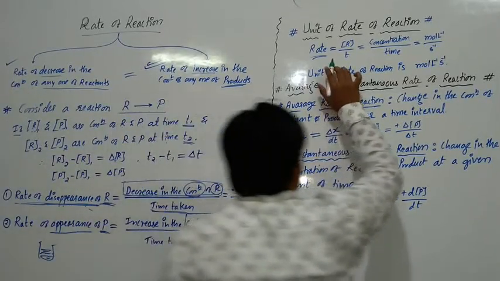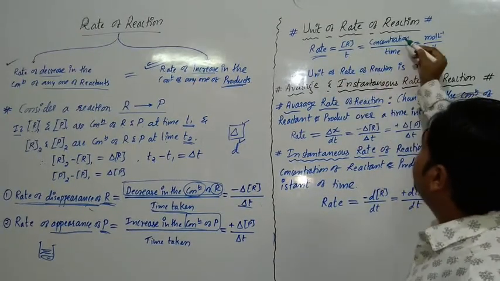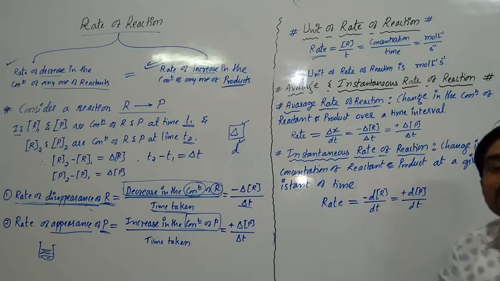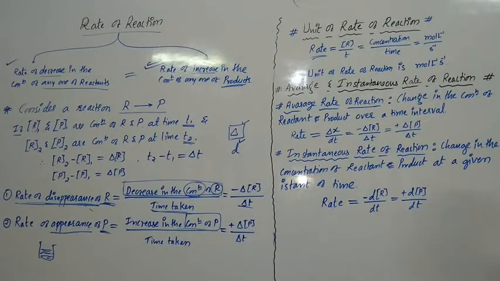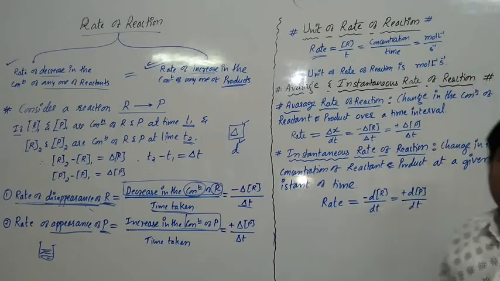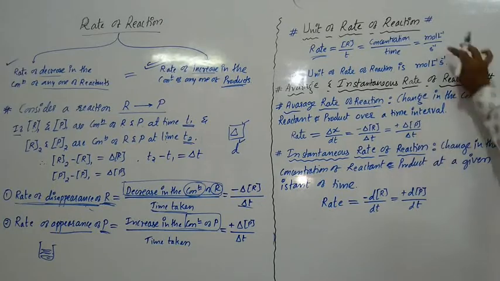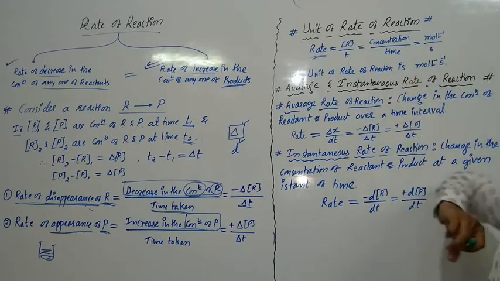The rate of reaction is nothing but the concentration of reactant or product divided by time. So what is the unit of concentration? The concentration may be expressed as mole per liter. Time is expressed in seconds.